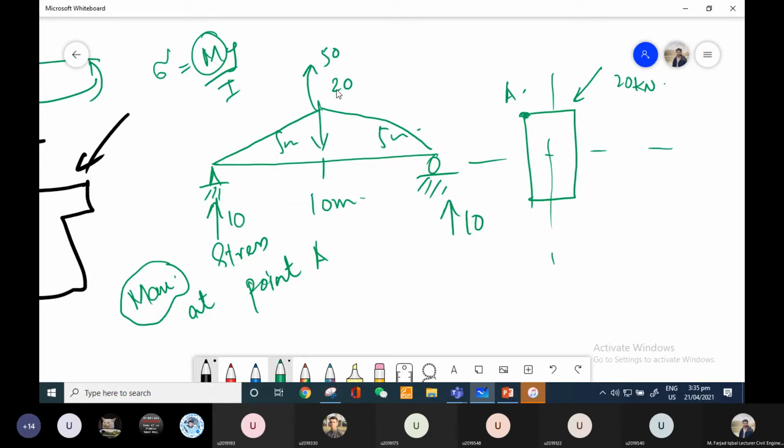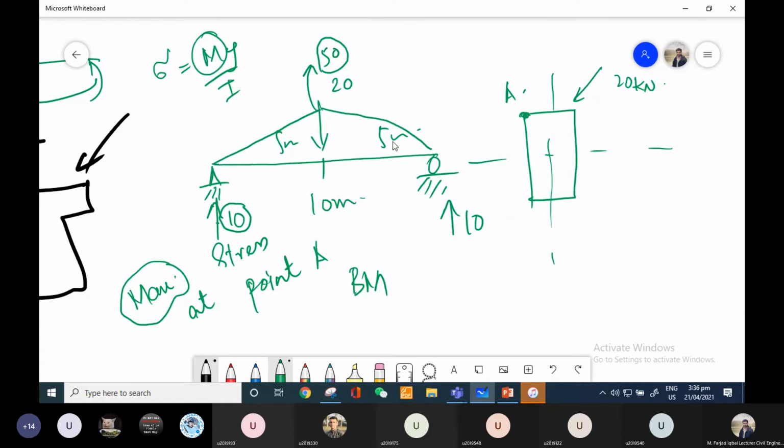Now what we are doing when we are plotting the shear and bending moment diagrams, our convention is that we start from the left side and then move on towards the right side. Okay, so keeping in mind the same convention, can you tell me which force is producing this 50 kilonewton-meter movement, or which reaction or load is producing it?